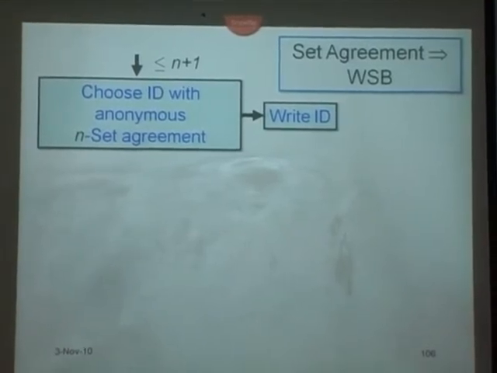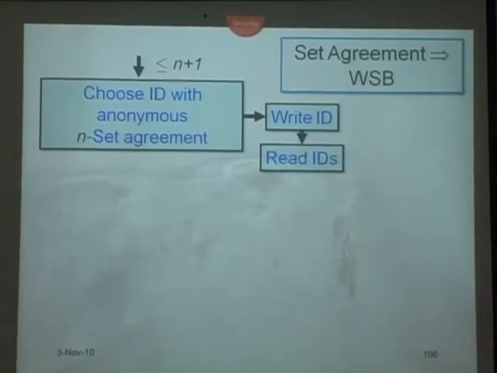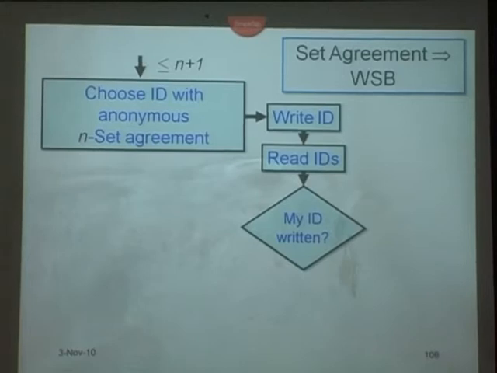So you choose a value, you basically announce it to the world, saying this is the value that I got from my anonymous set agreement. Then you read everyone else's IDs. So I write the value I got, I read everyone else's. Then I say, well, did somebody write my ID out there? And either I see it or I don't see it.